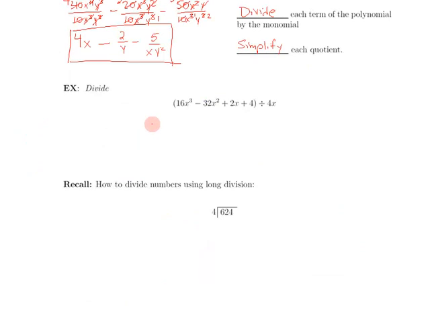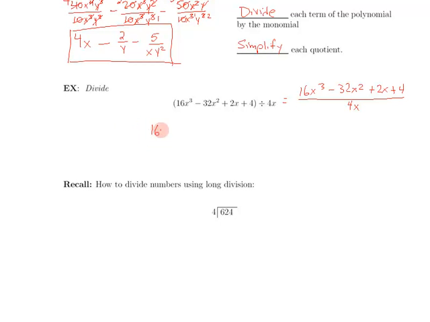Let's do one more just so you can see another example worked out. If we have 16x cubed minus 32x squared plus 2x plus 4, I can first convert this into a fraction, right? Write it as 16x cubed minus 32x squared plus 2x plus 4, all of this over 4x, and then write each term in the numerator over the denominator term.